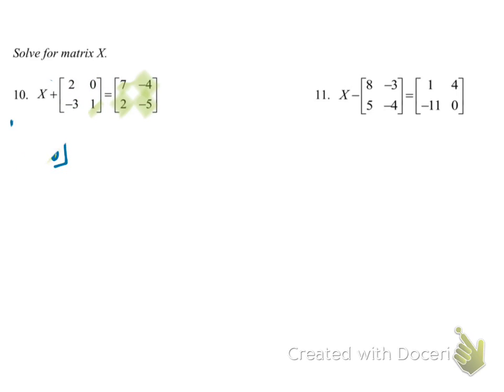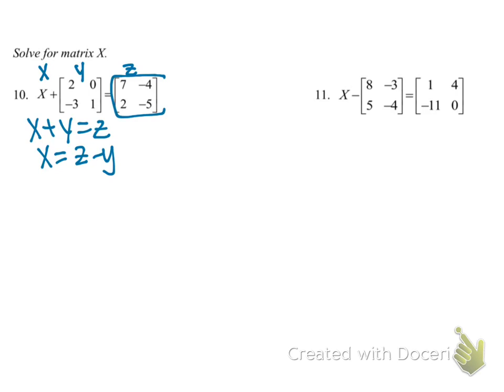Another way is you can think about this just like any other equation. That's probably what a lot of you wanted to do right away. Let's say this was x, y, and z. So we have x plus y equals z. What would you do if I told you to solve for x? Well, you'd subtract y, right? You would do z minus y. So same thing. This is just matrix z and this is matrix y.